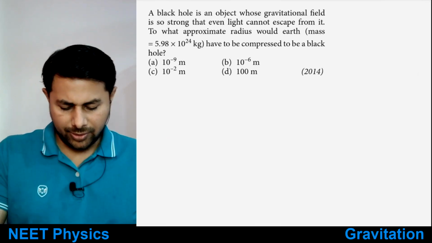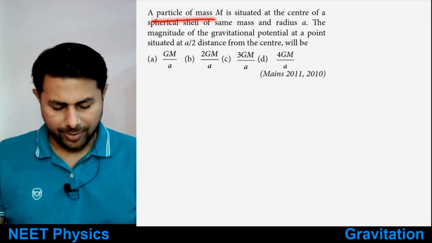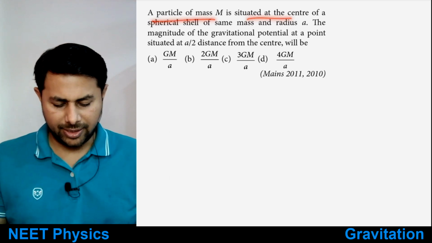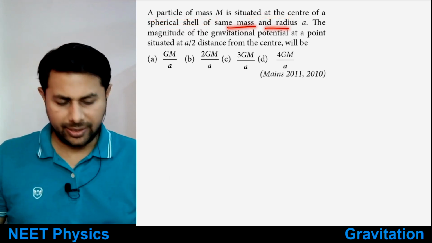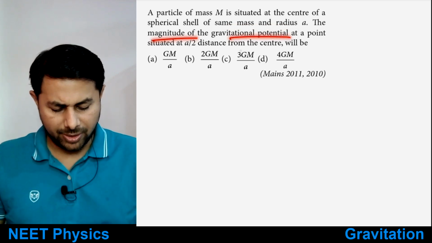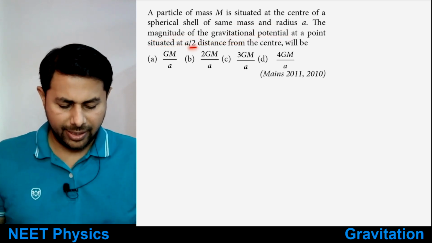Okay, so now let's see that question. A particle of mass m is situated at the center of a spherical shell of same mass and radius a. The magnitude of gravitational potential at a point situated at a by 2 distance from the center will be.